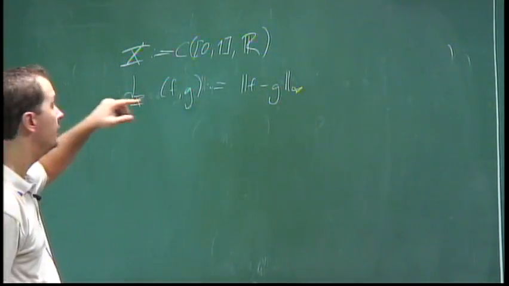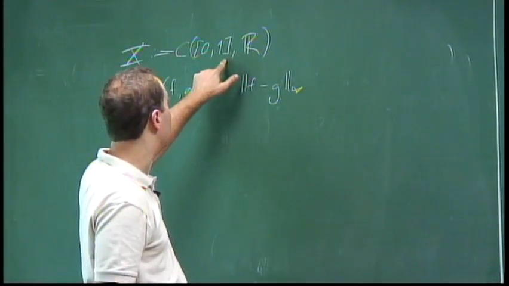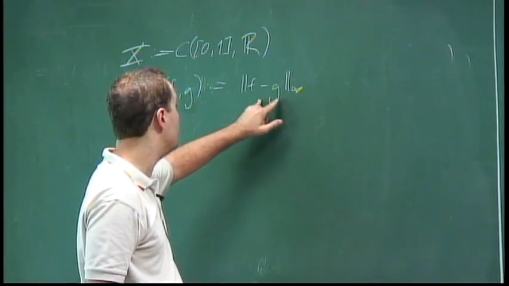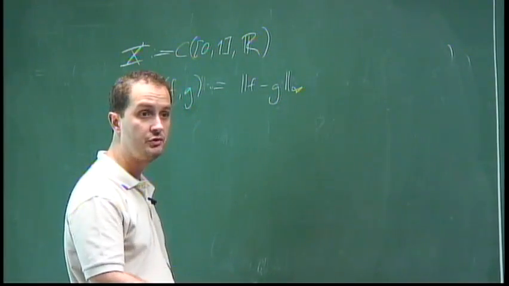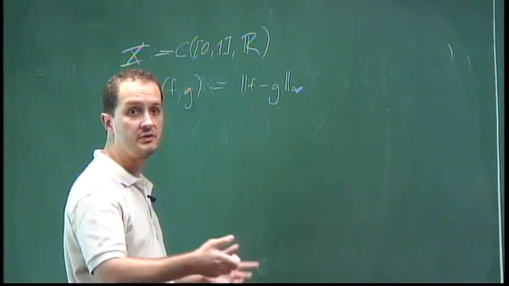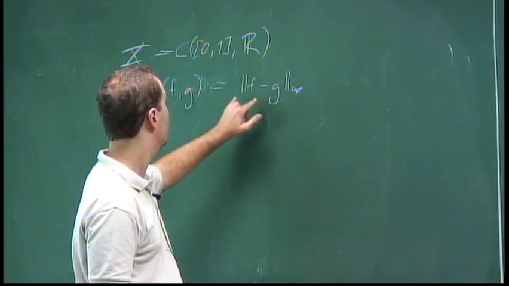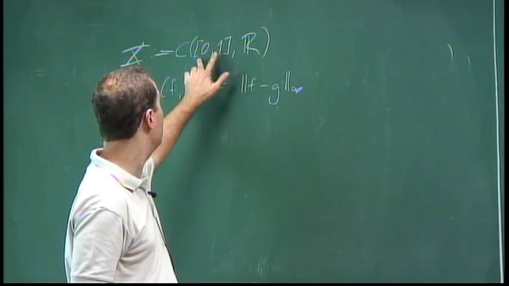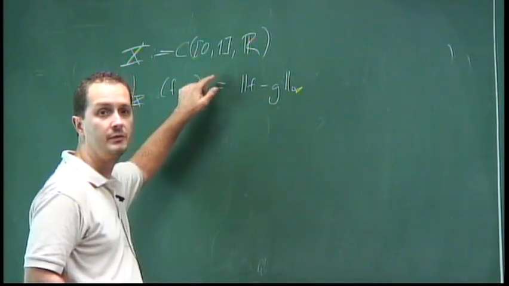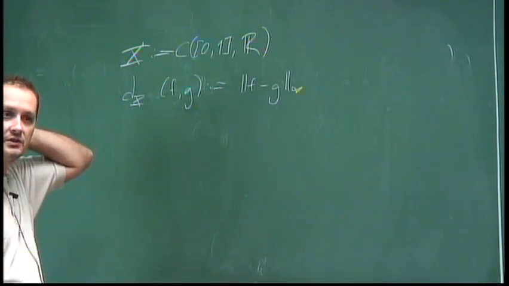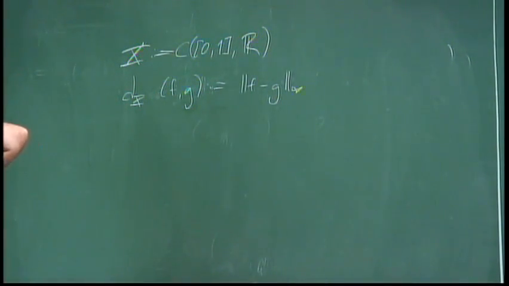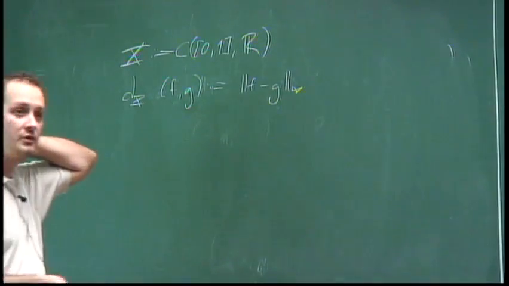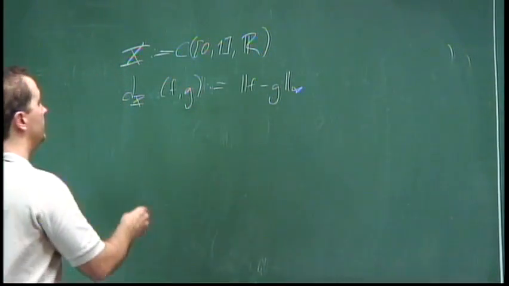If you want, to show that it's a complete space, you just need to show that sequences of continuous functions that converge uniformly converge to a continuous function. And to show that it's separable, to find a dense subset, you just argue that polynomials are dense here by the Weierstrass theorem. But polynomials with rational coefficients are dense amongst polynomials, and they are clearly countable.